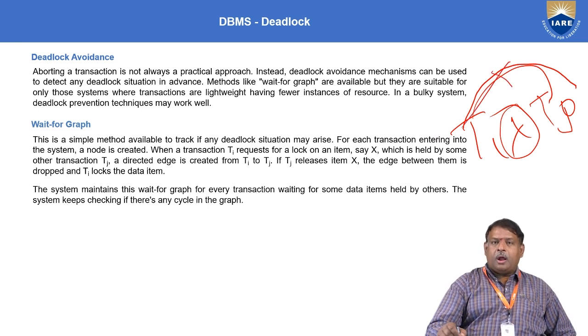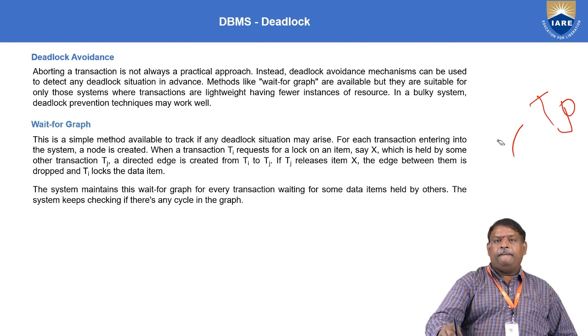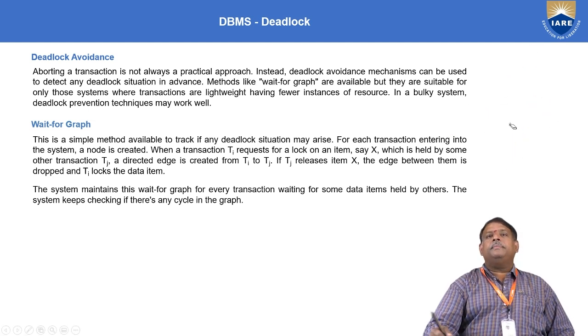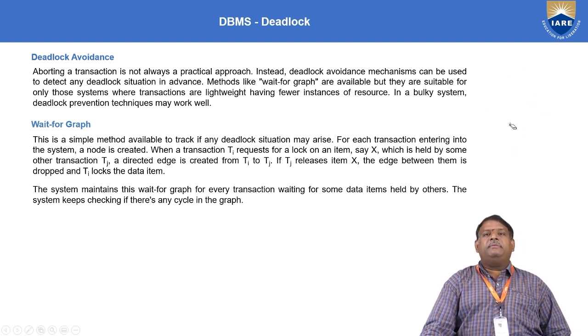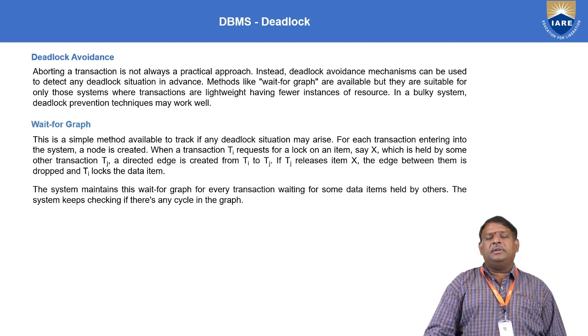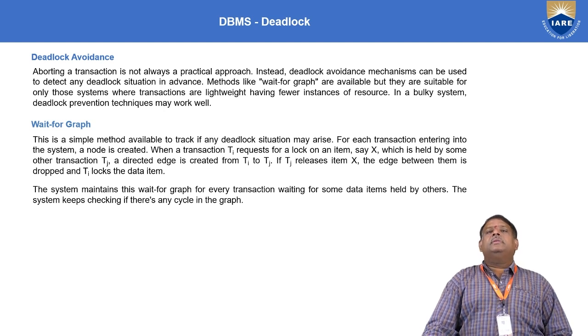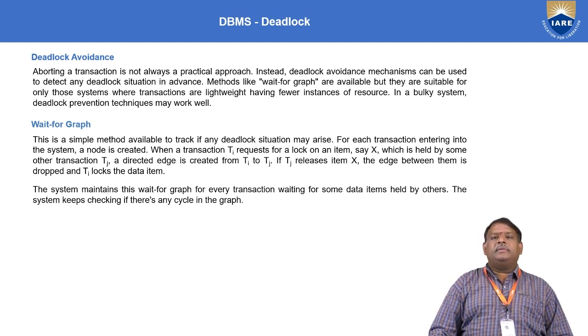This edge is dropped, and Ti locks the item X. The system maintains the wait-for graph for every transaction waiting for a data item held by others. This helps in checking if there are any cycles in the graph.